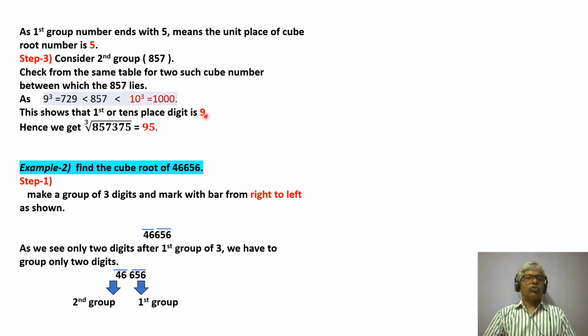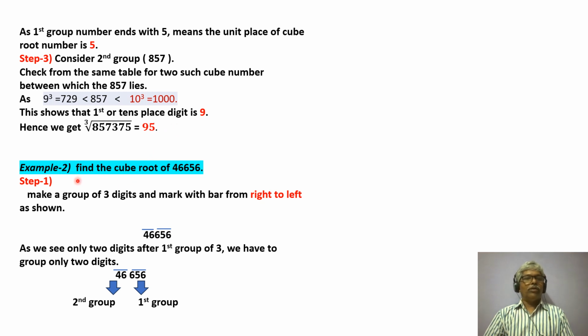So we know the unit place is 5 and the first digit is 9. Hence we get the cube root of 857375 is 95, and check it is correct.